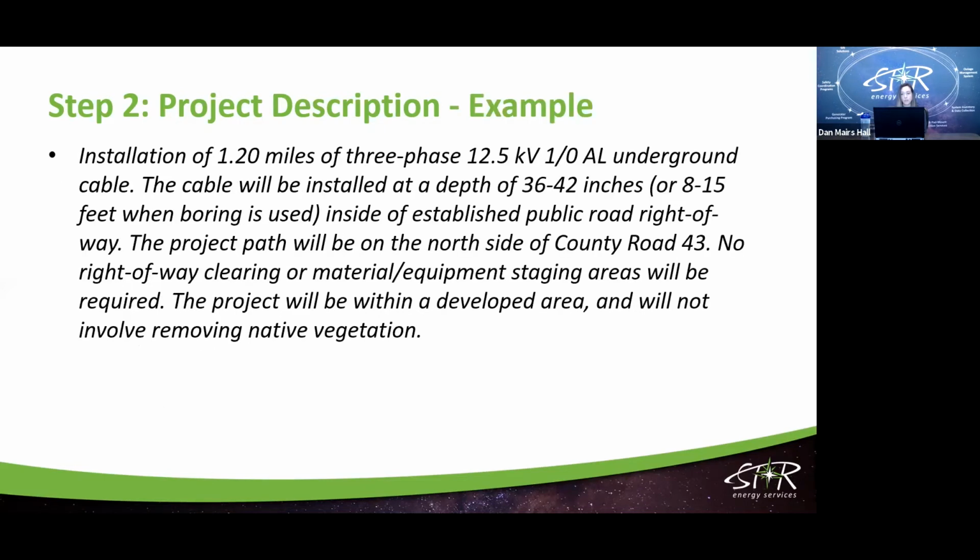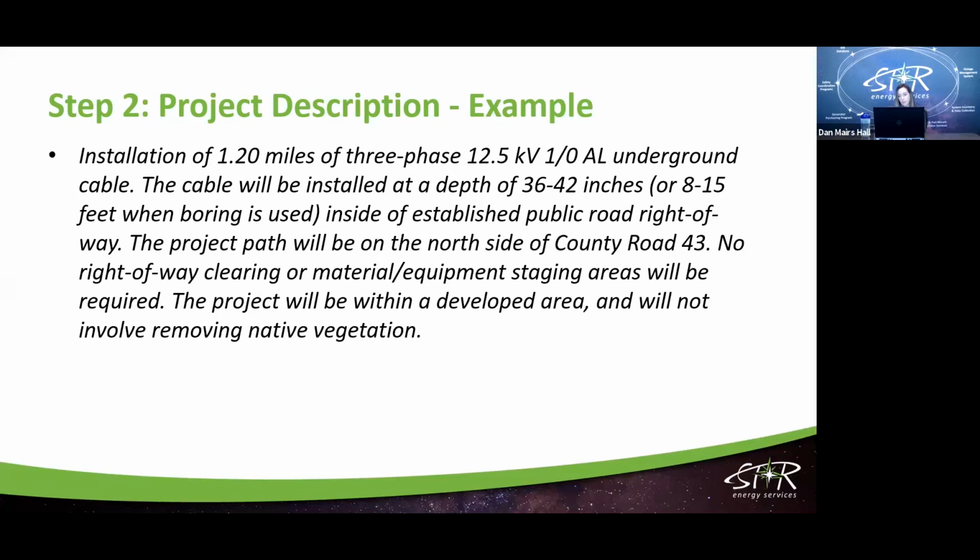This is an example of a project description that we would write. This one is installation of 1.20 miles of 3-phase 12.5 kV 1/0 AL underground cable. The cable will be installed at a depth of 36 to 42 inches, or 8 to 15 feet when boring is used, inside of the established public road right-of-way.